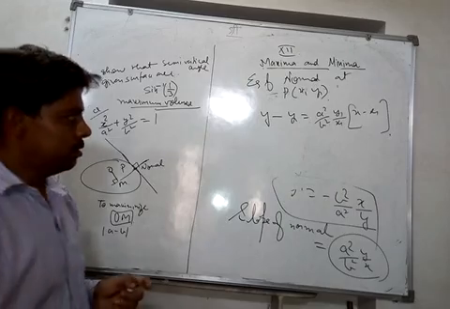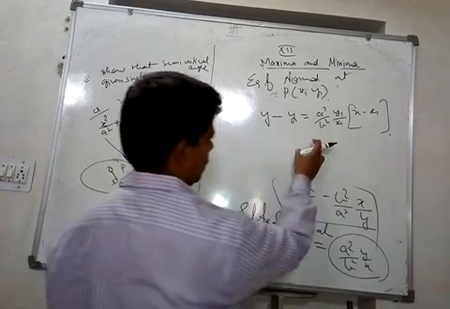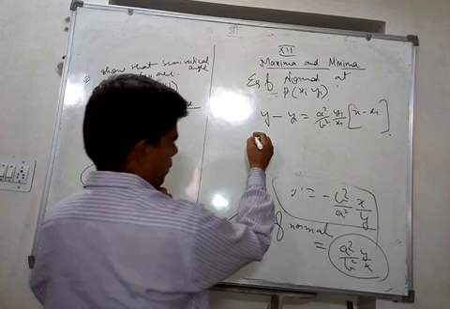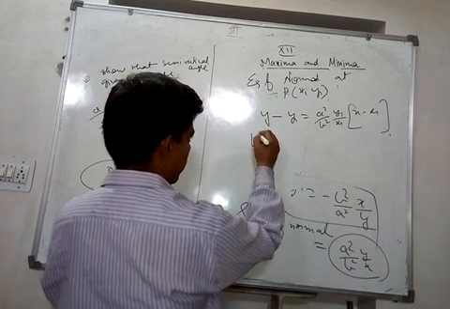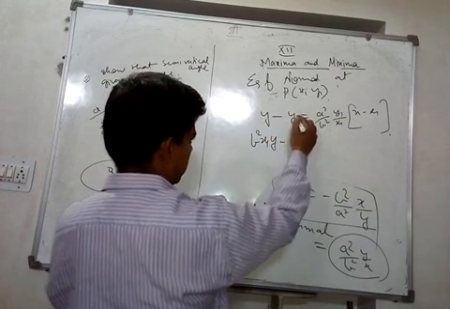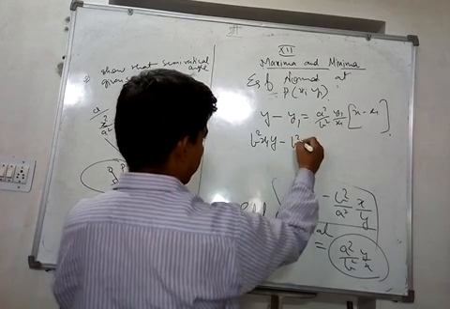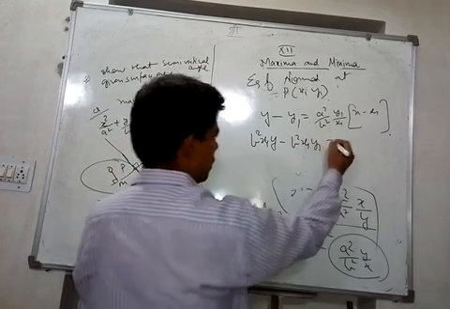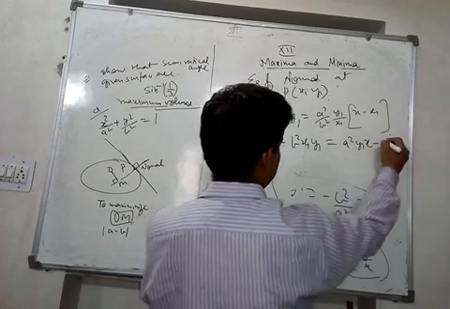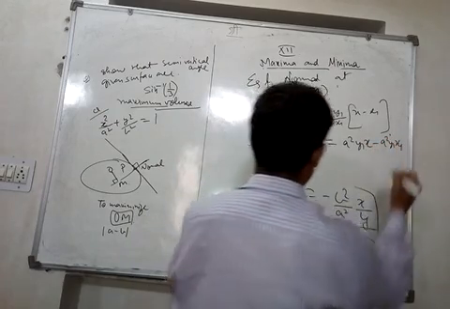Now we can just multiply this and collect the terms b square here. So we get b square x1 y minus b square x1 y1 is equal to a square y1 x minus a square y1 x1, right?